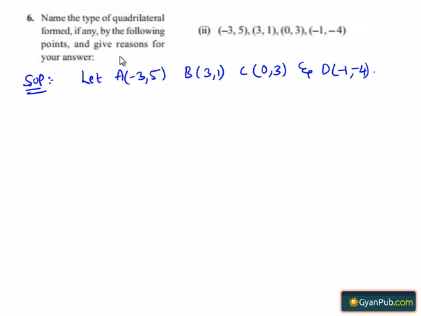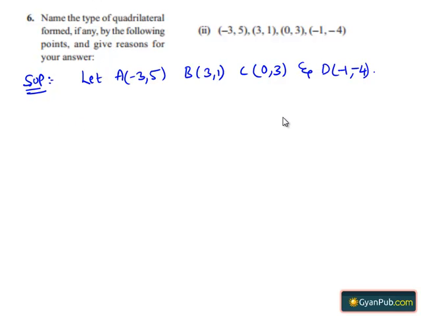Here, in the question, we are asked to find the type of quadrilateral formed by these points. For this, we need to find the distances AB, BC, CD and AD, which are the lengths of the sides of the quadrilateral ABCD, and also the lengths AC and BD, which are the diagonals of the quadrilateral ABCD.